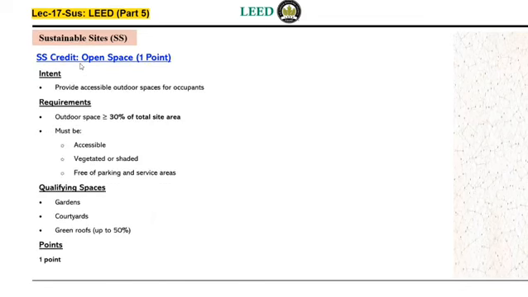After that, we have one more credit, which is Open Space, with 1 point. The intention is to provide accessible outdoor spaces for occupants. Requirements are outdoor spaces of at least 30% of total site area.